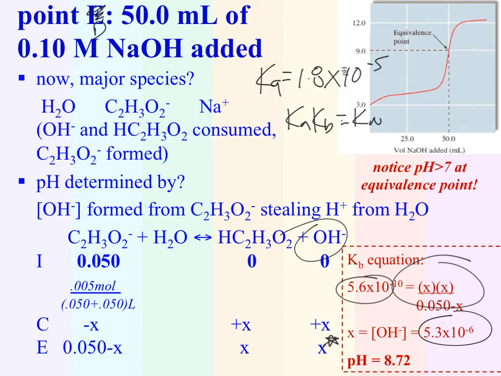Once we figure that out, we can then use pH plus pOH equals 14 to solve for our pH value, because remember, I first have to calculate my pOH here. And we get an equivalence point of 8.72, which is pretty close to 9. Notice the equivalence point, guys, is much greater than 7, and that's because of the presence of this conjugate base of that weak acid floating around in solution. So expect this kind of difference in your equivalence point for weak-strong situations.